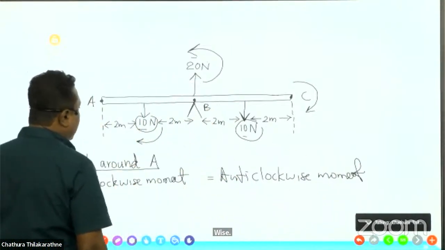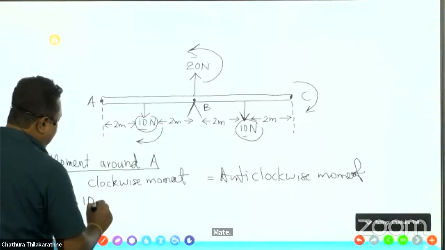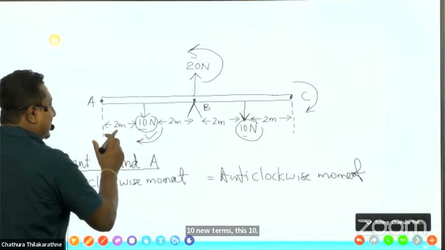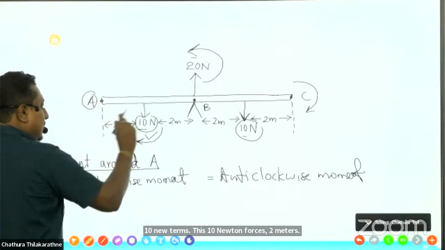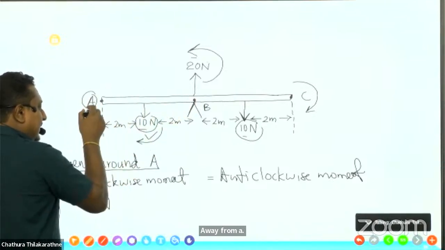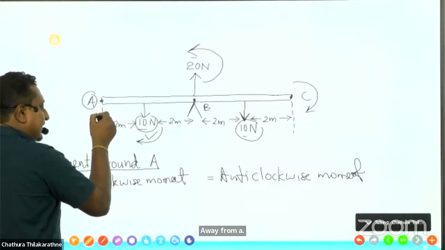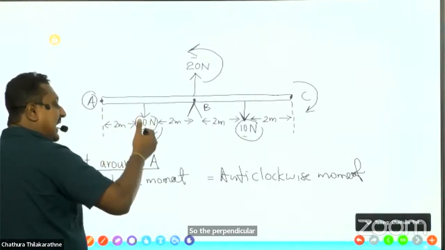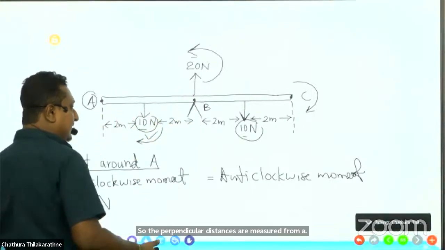There are two clockwise moments, 10 newtons. This 10 Newton force is 2 meters away from A. Now don't look at point B. Your axis is A. So the perpendicular distances are measured from A to the line of action of the forces, okay?